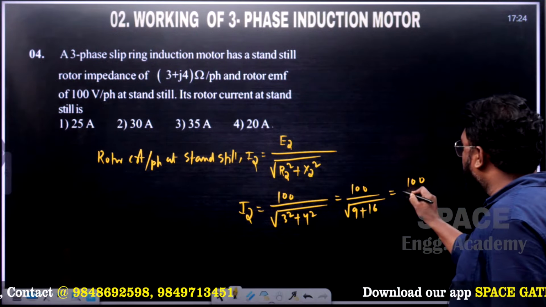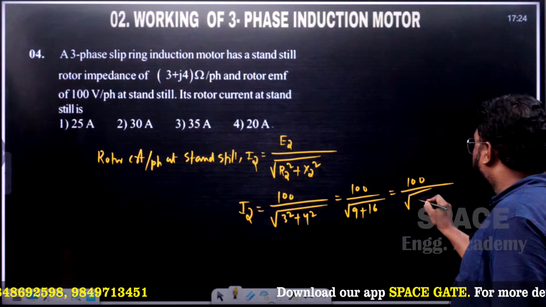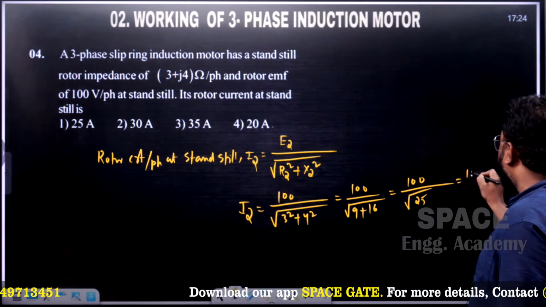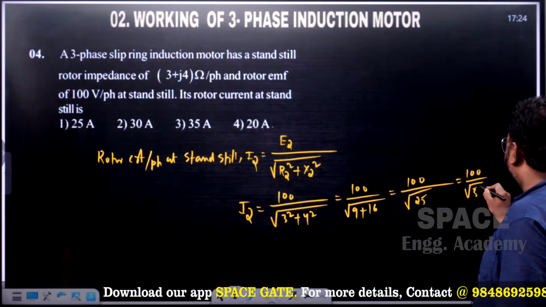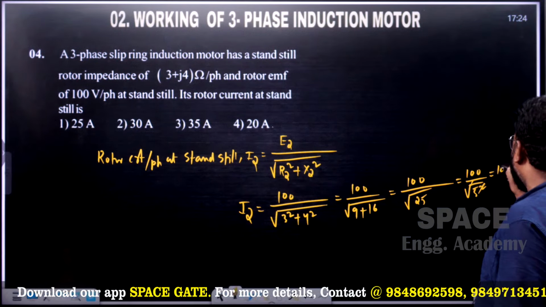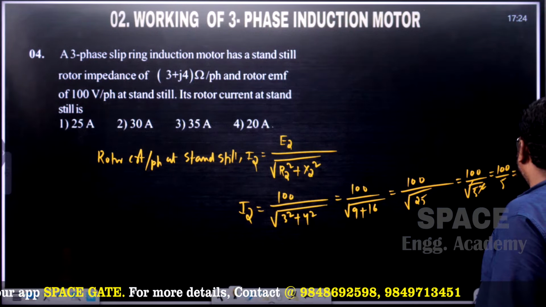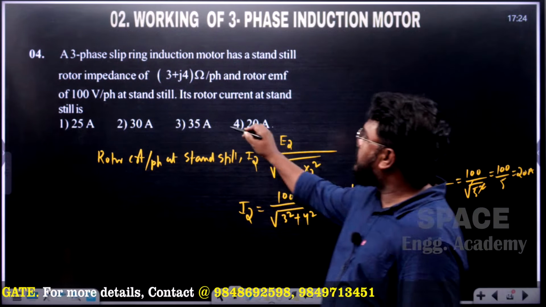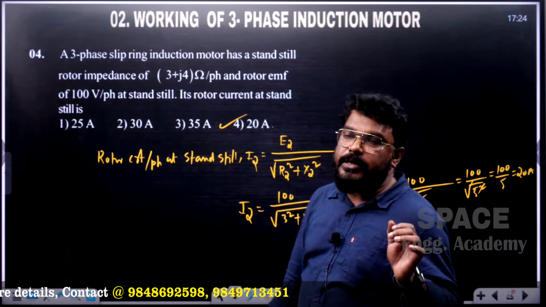So 100 divided by the square root of 25, which is 100 divided by 5. So this is equal to 20 amps. So the answer for this question: option 4 is correct.